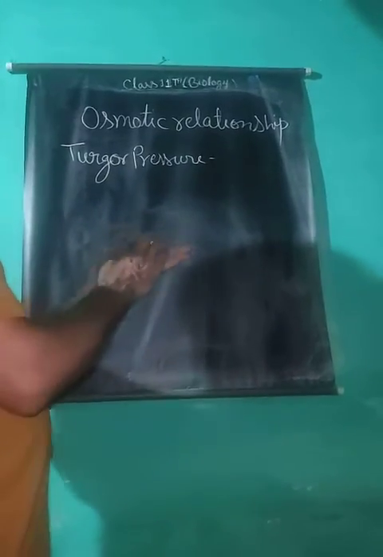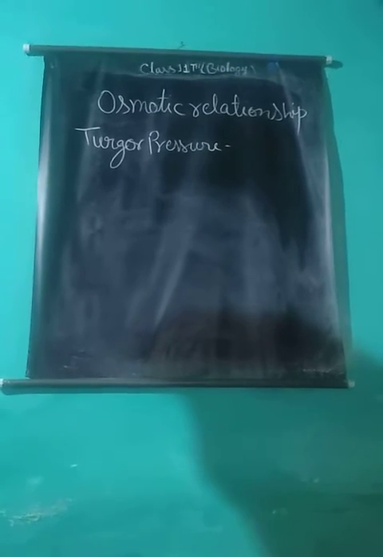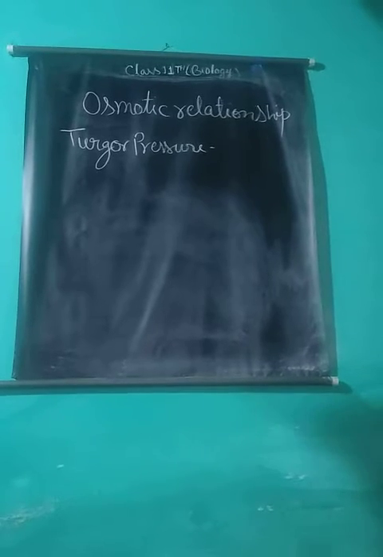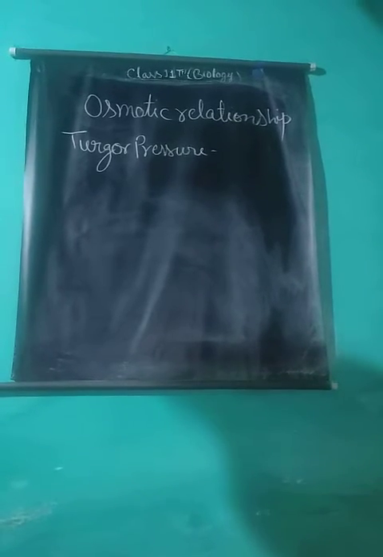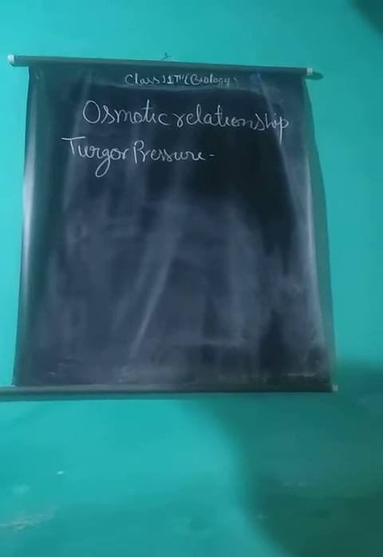Due to these two opposite reactions, a pressure is created. This pressure is called turgor pressure. This state of distended condition is known as turgidity or turgescence, and the actual pressure developed inside a cell as a result of entry of water into it is called the turgor pressure.